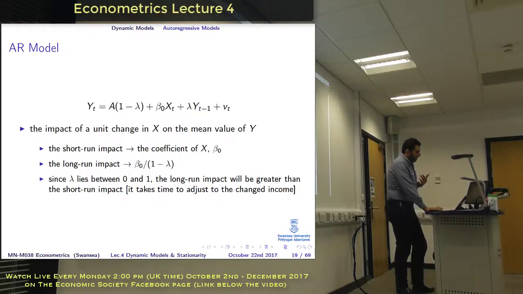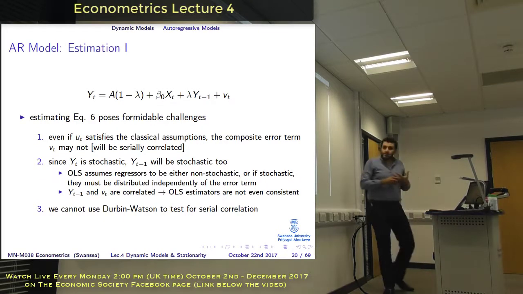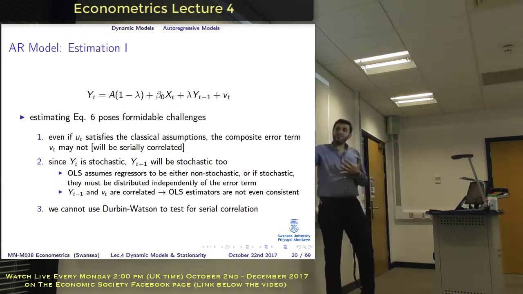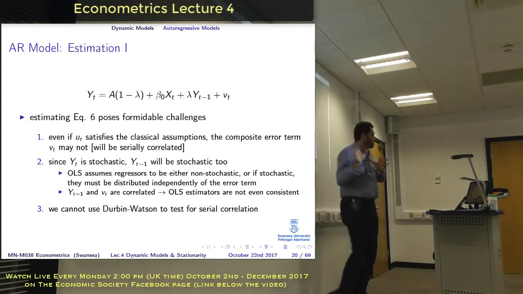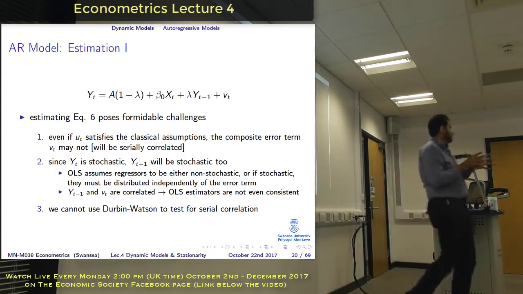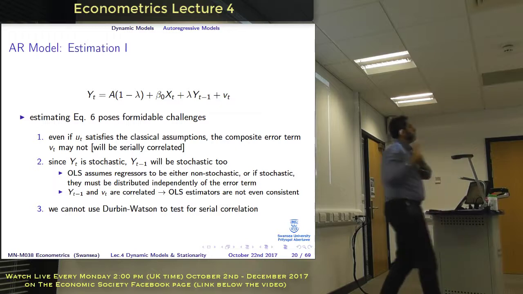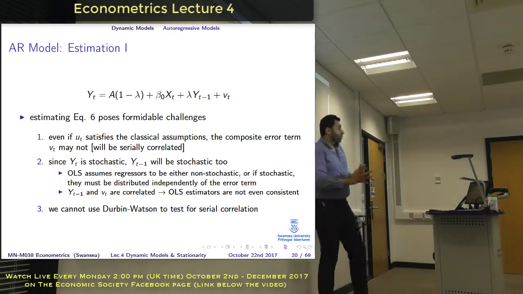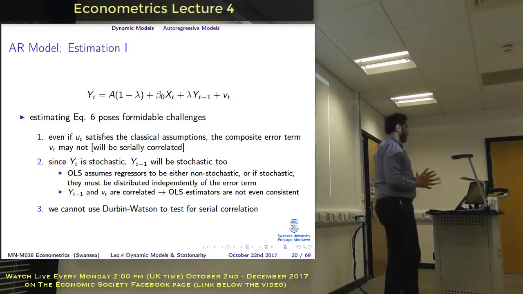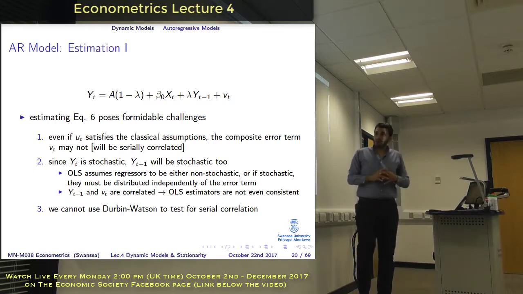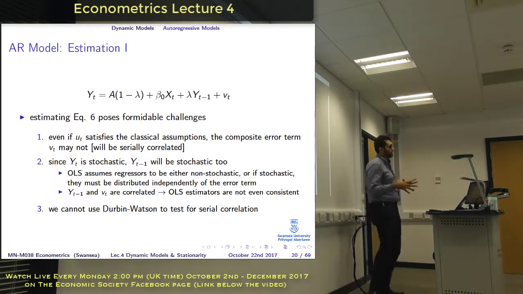Again, this is one of the challenges that we'll face, given that the error is likely to be serially correlated. But this is not a big problem, because we studied autocorrelation and we know there are ways to deal with it. The main problem here is with Y_t.